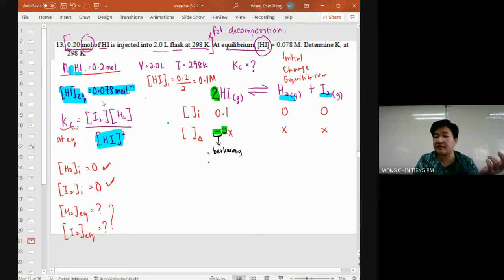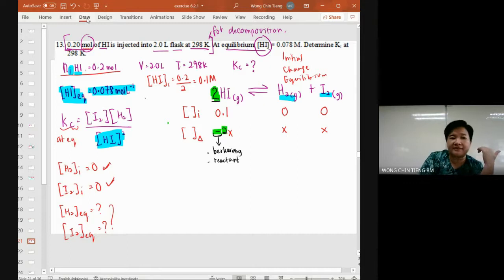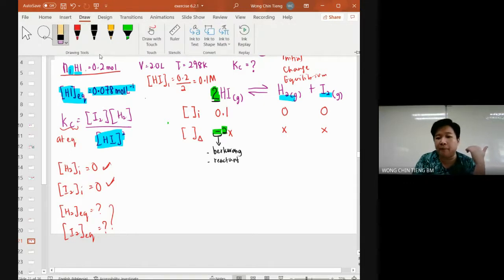Because it's a reactant, right? It's a reactant. When your reactant undergo reaction, reactant kamu kena berkurang. Dia adalah tolak sebab dia kena berkurang, dia adalah reactant. Dan dia bertolak pada kadar berapa? Dia bertolak pada 2x. 2 kali sebab number of mole adalah 2 di depan. So minus 2x, the minus over there is compulsory. You must have the minus down.